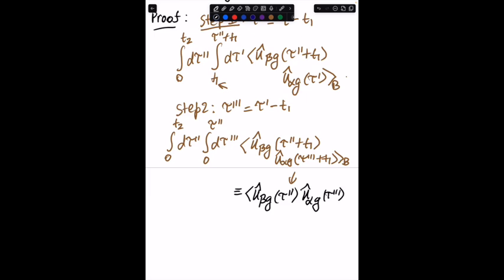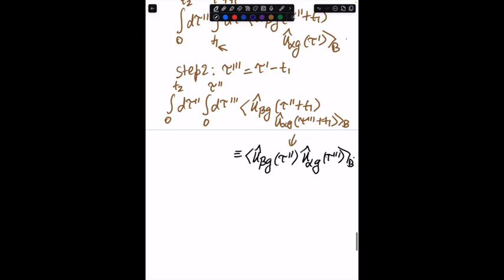I urge you to prove this if it is not clear already. And then I don't like these double primes and triple primes, so I'll just go back to my old notation of tau and tau prime. So you get the integral from 0 to t2 d tau, 0 to tau d tau prime, u hat beta g tau, u hat alpha g tau prime.